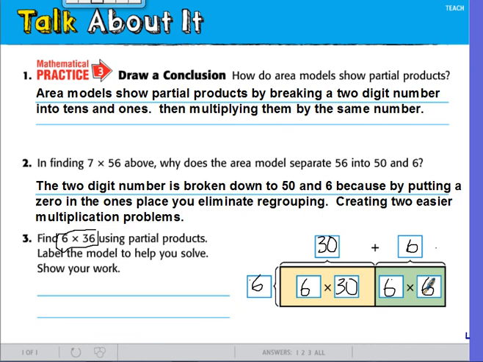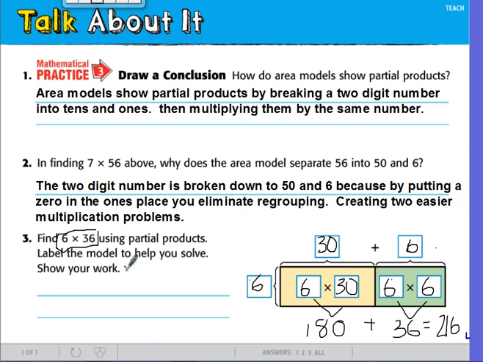Now, the way that I like to do this is just go boom and put an addition sign down here. So 6 times 30 is 180. And 6 times 6 is 36. So 180 plus 36 is 216.